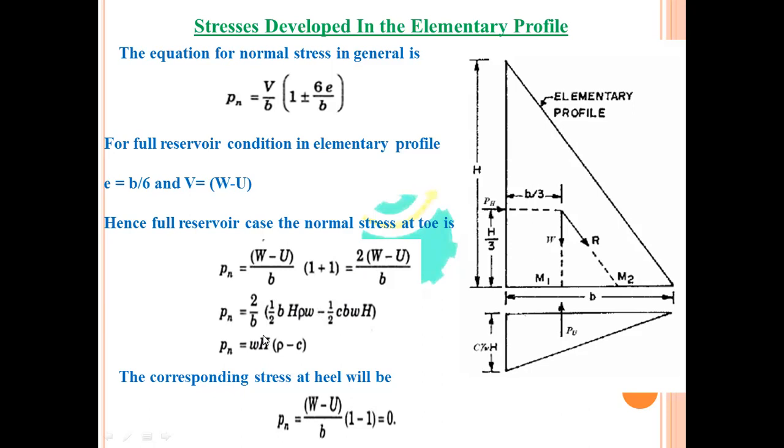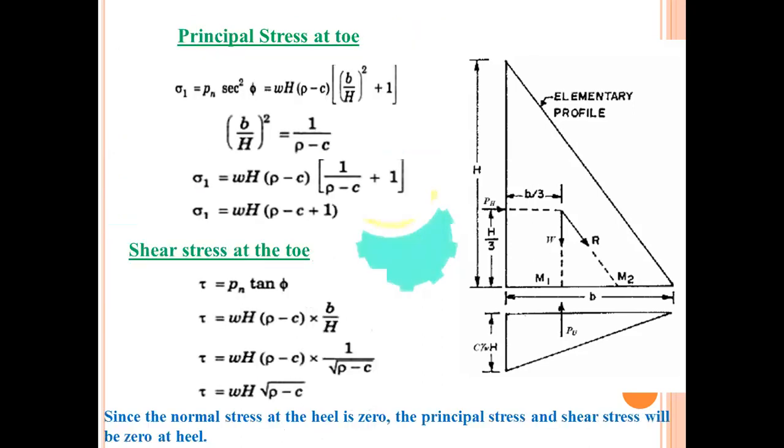So what will remain? WH into rho minus C. So stress at toe is WH rho minus C. The corresponding stress at heel, we are taking at heel minus, automatically 1 minus 1 equal to 0. At heel, the stress is 0. At toe, the stress is WH rho minus C.